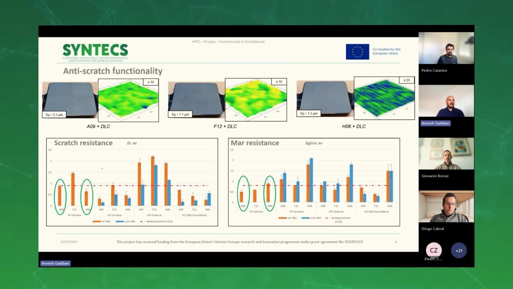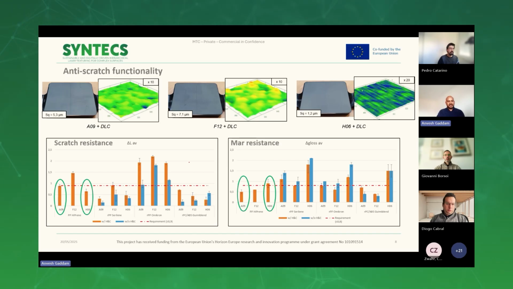This slide shows the anti-scratch functionalities on the textures replicated onto different polymers. Especially 3 different textures are selected as shown in the first 3 images. These textures are basically the replicas of chemical etching. So A9, F12, and H06 are nothing but quasi-random textures and random textures which can be fabricated by chemical etching.